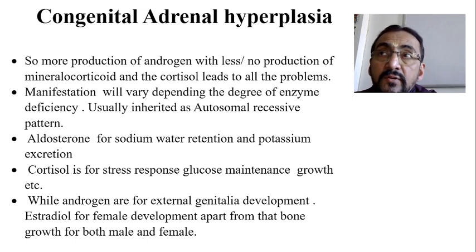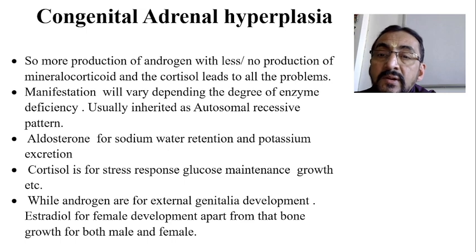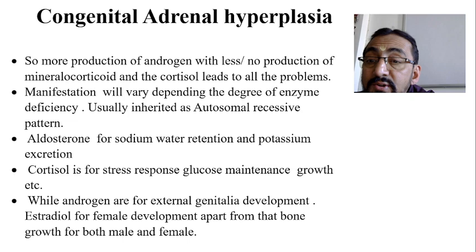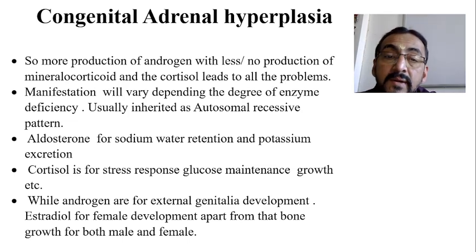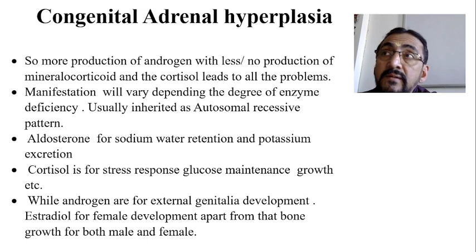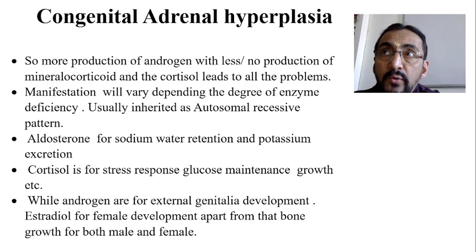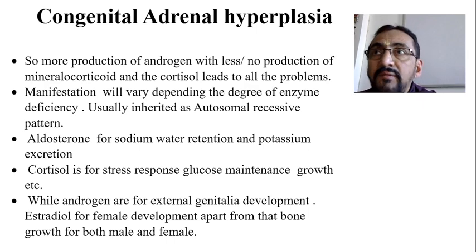Androgen is very important for external genitalia development. Estradiol, one form of this androgen, is important for female development, and it is also important for bone growth in both male and female.